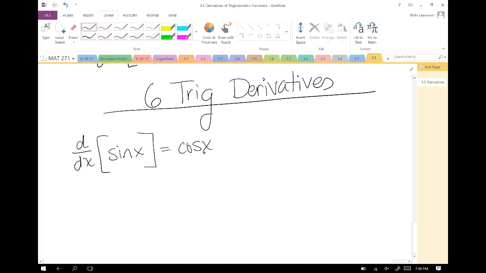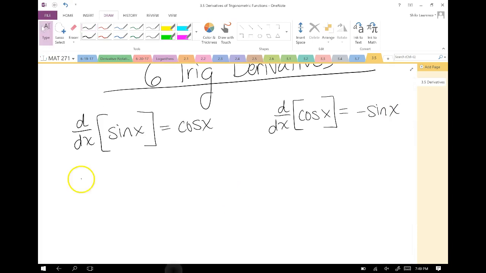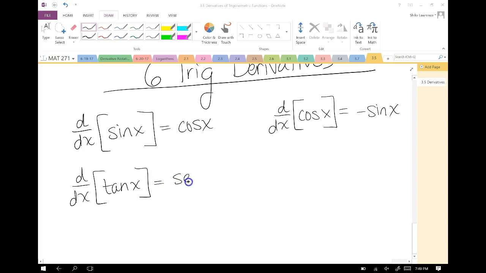So the derivative for sine is cosine. The derivative for cosine is negative sine. The derivative for tangent, we saw, is secant squared. The derivative for secant, we haven't done that one yet, but the derivative for secant is secant times tangent.